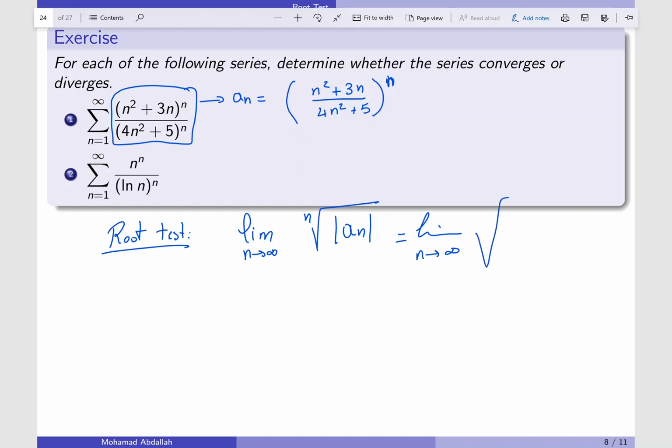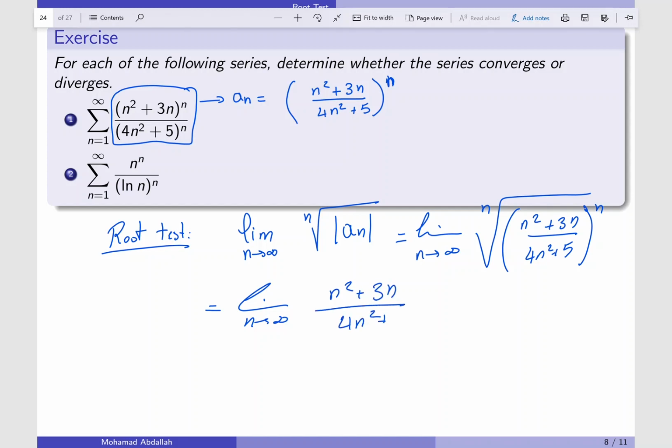So that's going to be the nth root of n squared plus 3n over 4n squared plus 5, to the power n. The nth root is going to cancel that, so that's just the limit when n goes to infinity of n squared plus 3n over 4n squared plus 5.